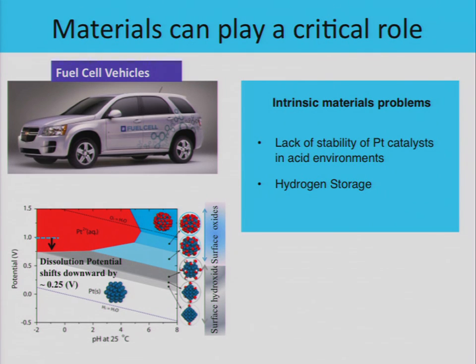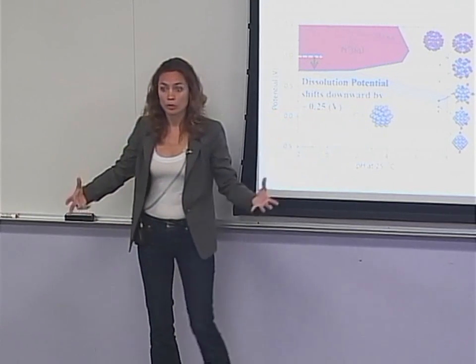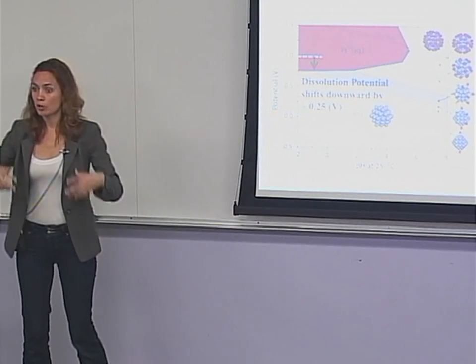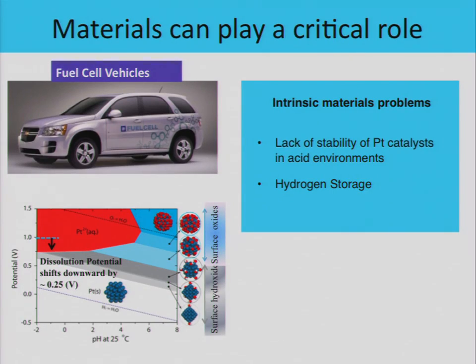If you go from a bulk system that actually works, but has not a lot of surface area, to a small particle with a lot of surface area, you start dissolving these particles. They're not stable anymore in very acidic electrolytes. And they haven't found a way to get around this. This is the main reason that these cars only work for a bit, and then you have to replace the platinum in your fuel cell, which is very expensive, so it's not going to work.